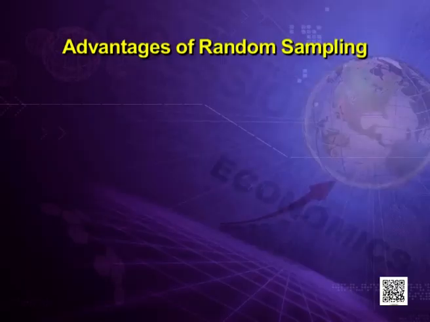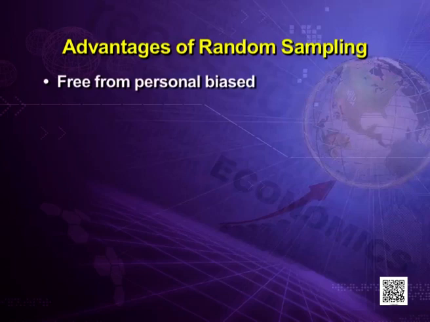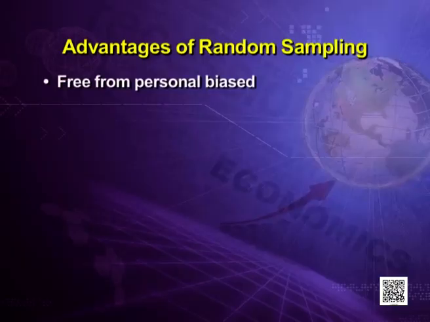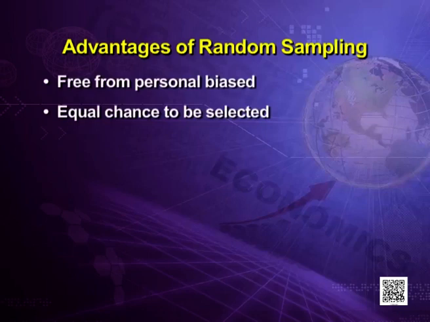There are certain advantages of using random sampling. The first advantage is that it is free from personal bias, because the investigator has no personal link or bias towards the respondents. The second advantage is equal chance to be selected: each and every item has equal probability of being selected.